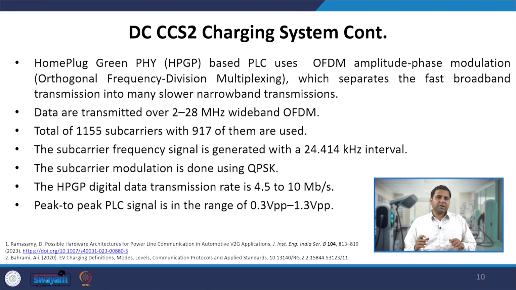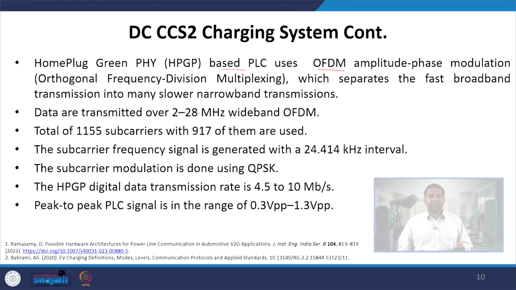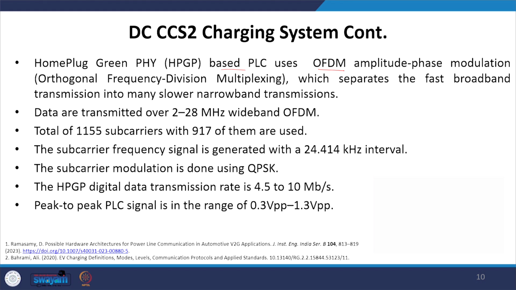Now if we see some of the key properties of HomePlug Green PHY based PLC, it uses OFDM amplitude phase modulation, which is called orthogonal frequency division multiplexing. Again, we are not going into too much detail on what OFDM is, because it is a concept used in communication systems, and those who have an electronic communication background must know what OFDM is.